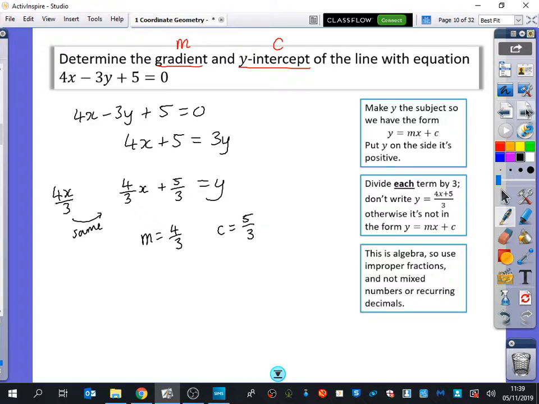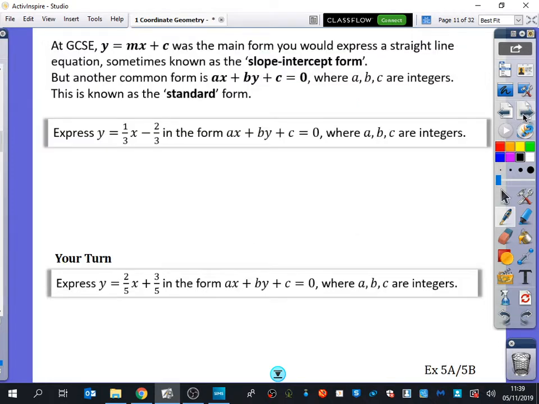Okay, one last thing before I can send you off to do a variety of practice. At GCSE, y equals mx plus c was the main form that you would express a straight line equation, sometimes known as the slope-intercept form. Why do you think it's called the slope-intercept form?